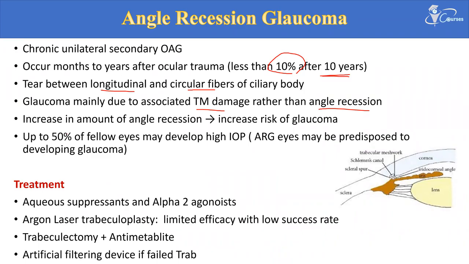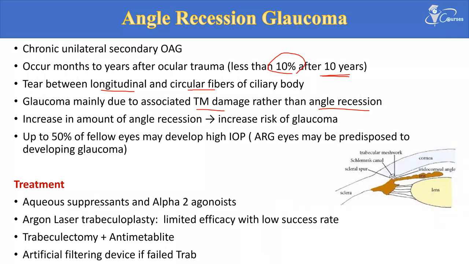This is something like sympathetic ophthalmia, where the other eye sympathizes with the traumatized eye. It is not understood why patients with a normal eye develop glaucoma after the other eye has been traumatized. It was suggested that such eyes may be predisposed to developing glaucoma from the start. The treatment for those patients will be aqueous suppressants.